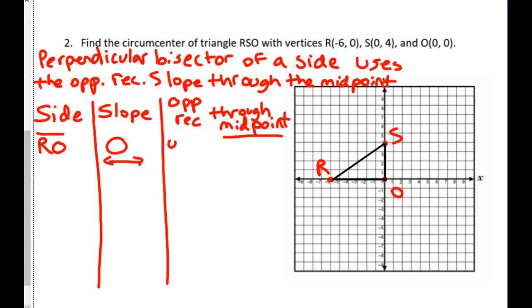Undefined, because it's vertical. So here's the deal. You're going to use a vertical line through the midpoint of RO. What's the midpoint of RO? Halfway between 0 and -6 is -3. Put a point there. And then make your vertical undefined slope line.